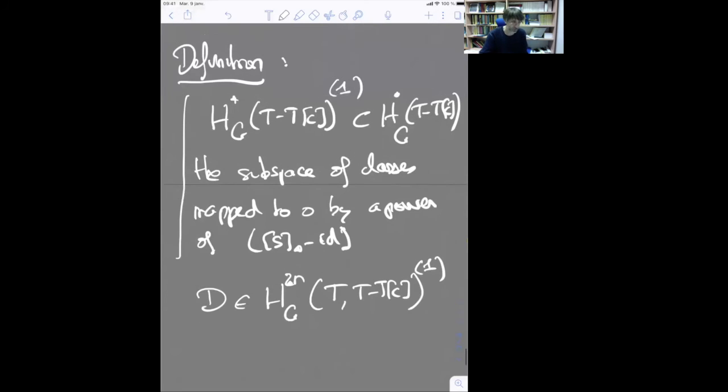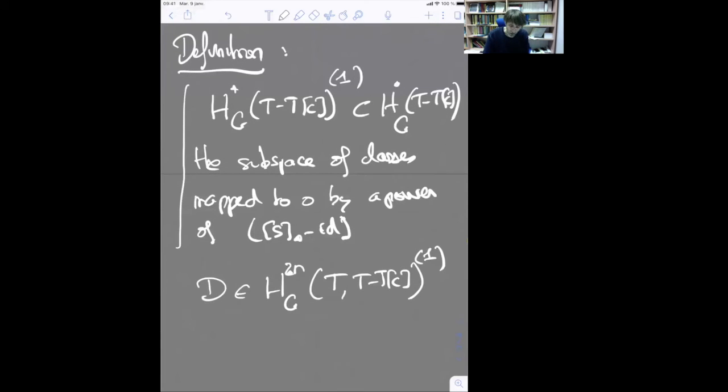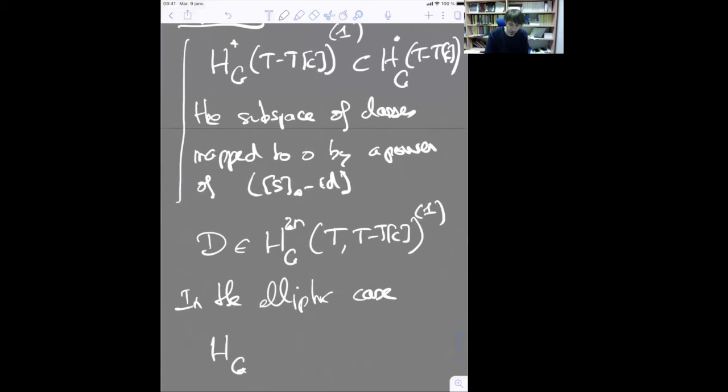And in the elliptic case, it turns out that AG is 0 because the fibers are tori, and the push forward map on k-dimensional tori acts by s^k.